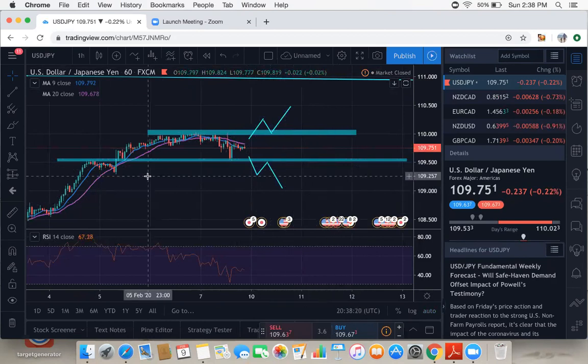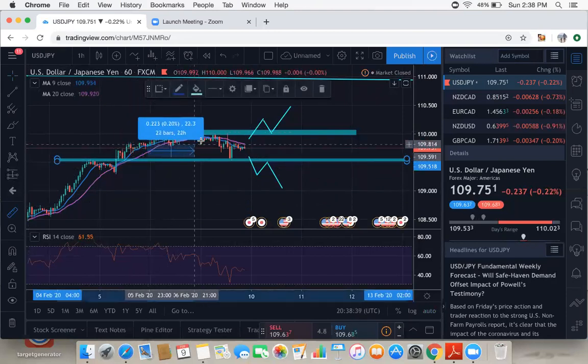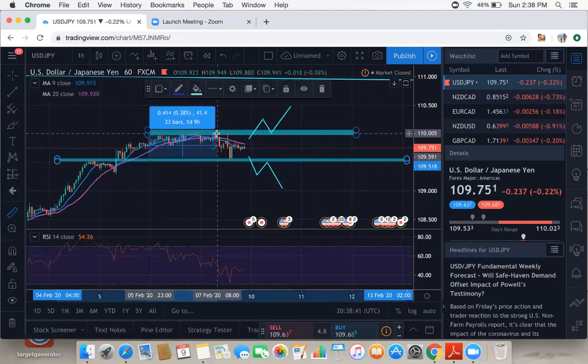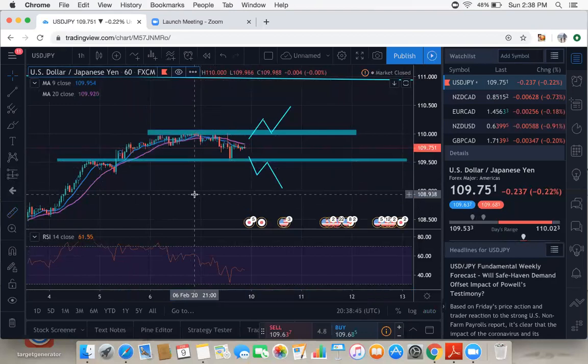And had we been in this trade here where we had a ceiling, that ceiling became a floor, and as you can tell, it went up. The market moves in pips between the currency pairs. So we'll say, had we been in this trade, it would have got around 40 pips.